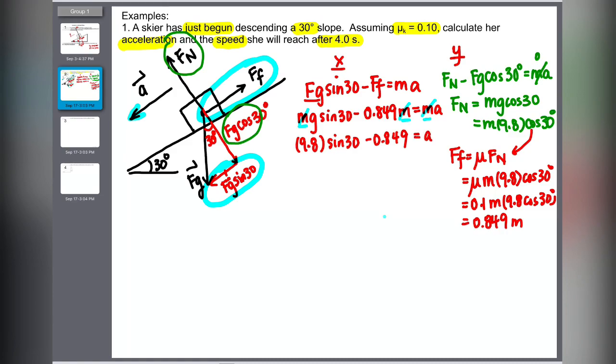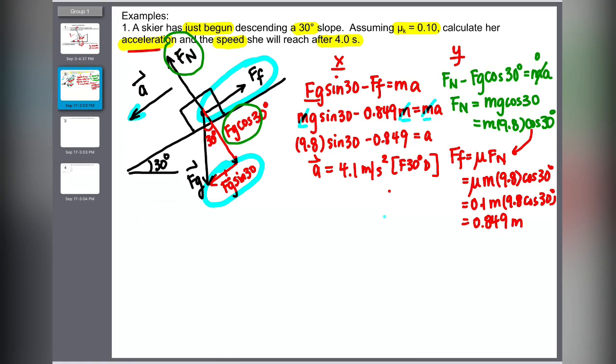I don't have the m anymore, equals a. See how I can just punch it straight into the calculator and get an answer? So 9.8 times sine of 30 minus whatever answer I got. So I found a to be 4.05 something. So 4.1 meters per second squared forward, 30 degrees down.